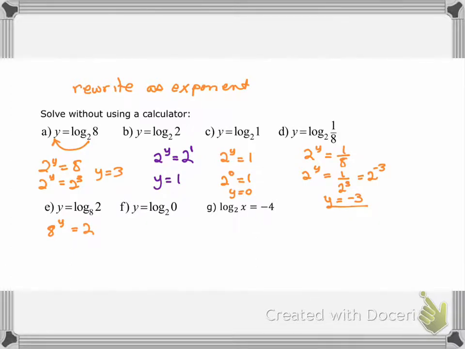So I know that 2 cubed is 8. So the cube root, or 8 to the 1/3, remember that's the cube root of 8, equals 2. So that would be 8 to the 1/3 equals 2. So y equals 1/3.